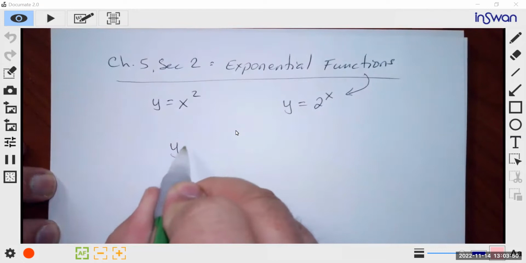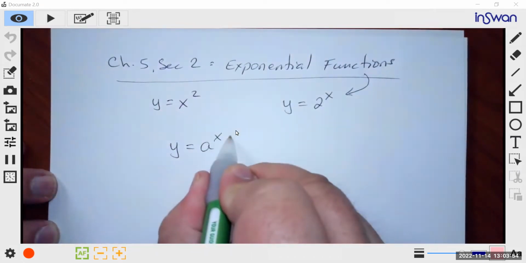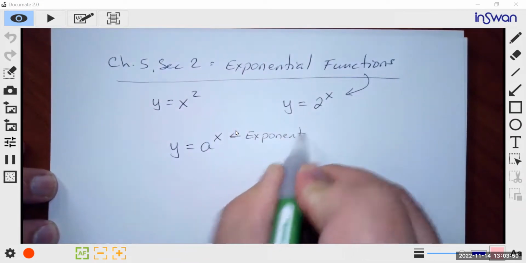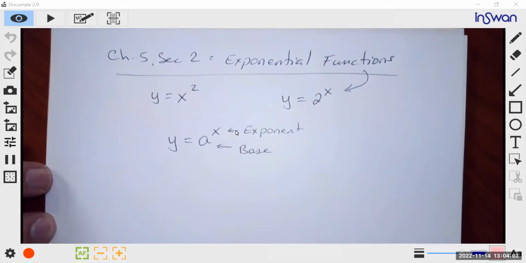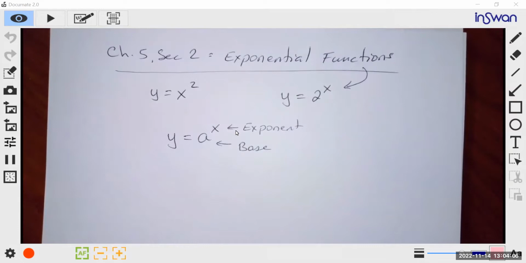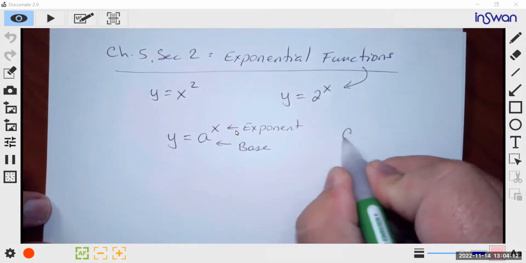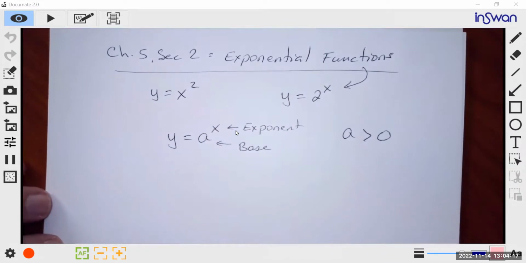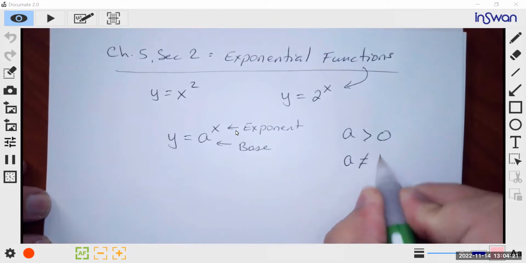So this is the way it looks. a to the power x. This is your exponent, and this is your base. There are conditions here. a has to be greater than 0, and a cannot equal 1.